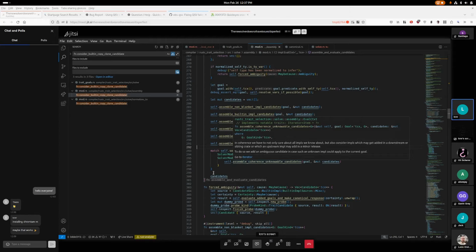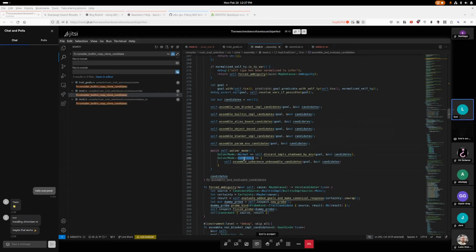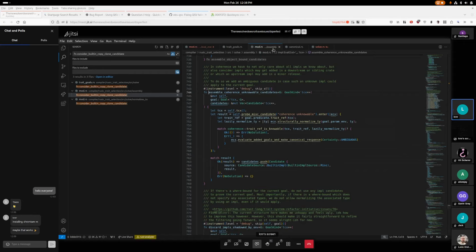But yeah, if we are in the coherence or intercrate mode, then we check whether the current trait ref is fully knowable, which is pretty much during coherence. We have to make sure that we don't consider goals to not hold which may actually hold.